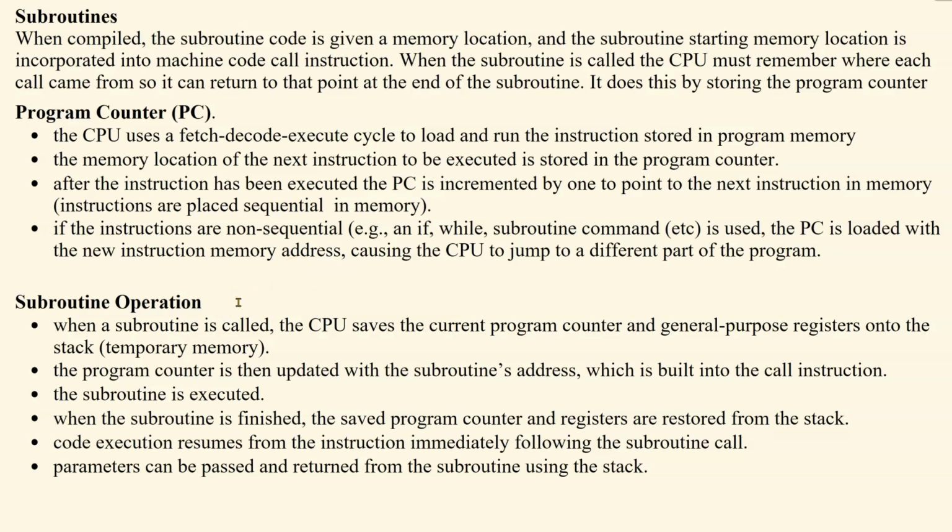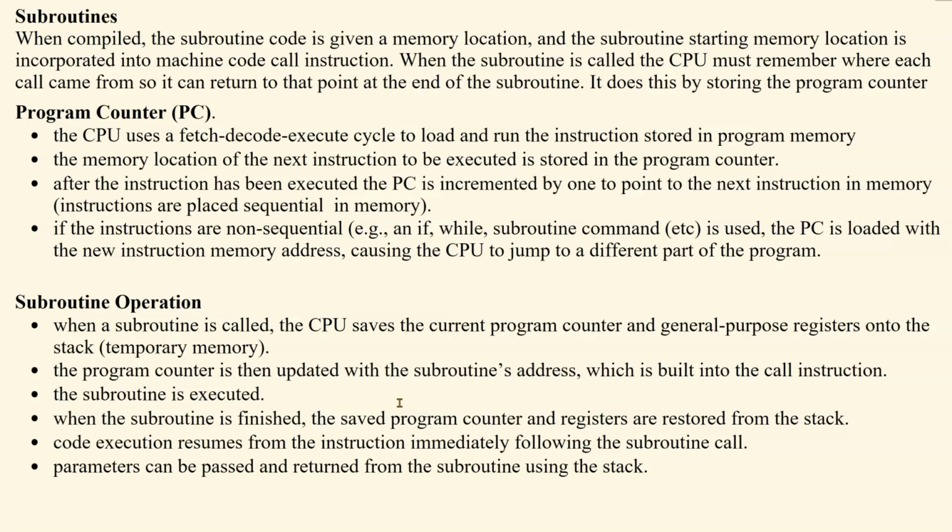So the operation of the subroutine: when the subroutine is called, the CPU saves the program counter and general purpose registers onto the stack. This is just temporary memory. The program counter is then updated with the subroutine's address. That's part of the call instruction.